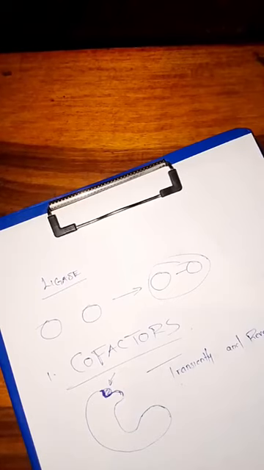Examples of cofactors are magnesium, iron, and zinc. These are specifically called metal cofactors. Enzymes that require these metal cofactors to be activated are known as metal activated enzymes.